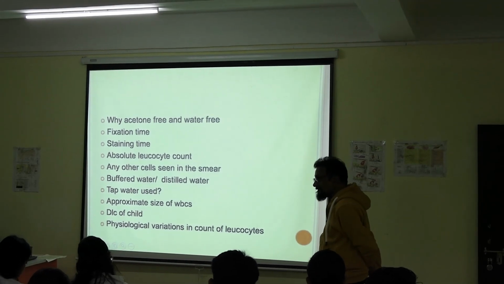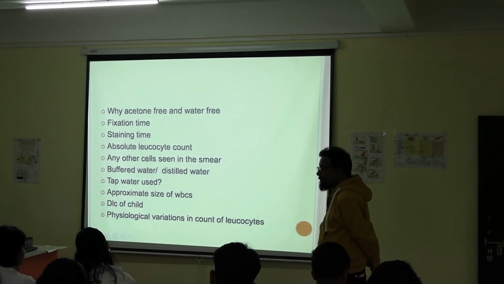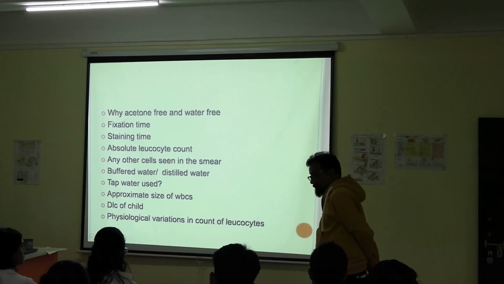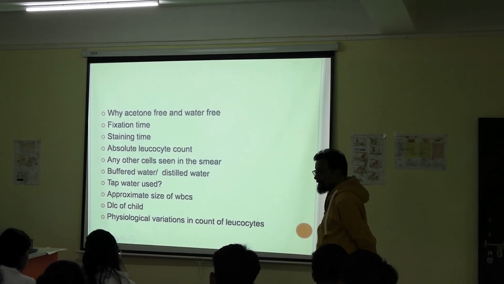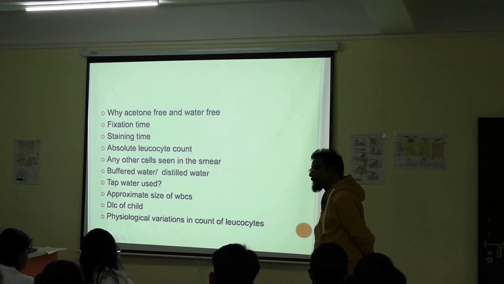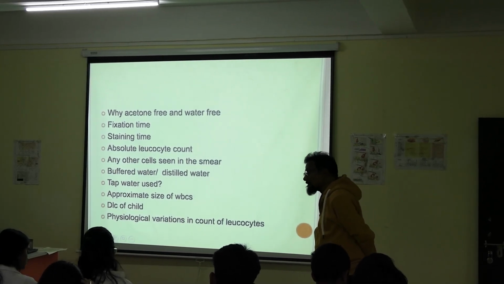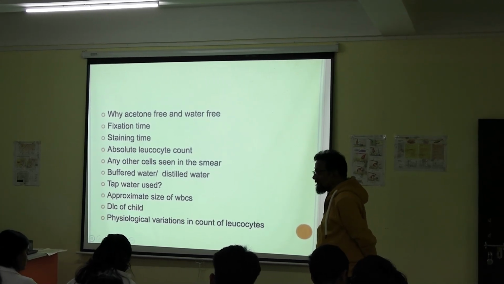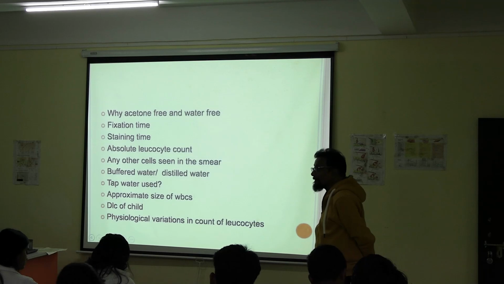The cells which normally should have been in the bone marrow may come out under different conditions. They should not come out normally, but abnormal cells are produced there, so they may come out. By seeing their presence, you can identify the condition.